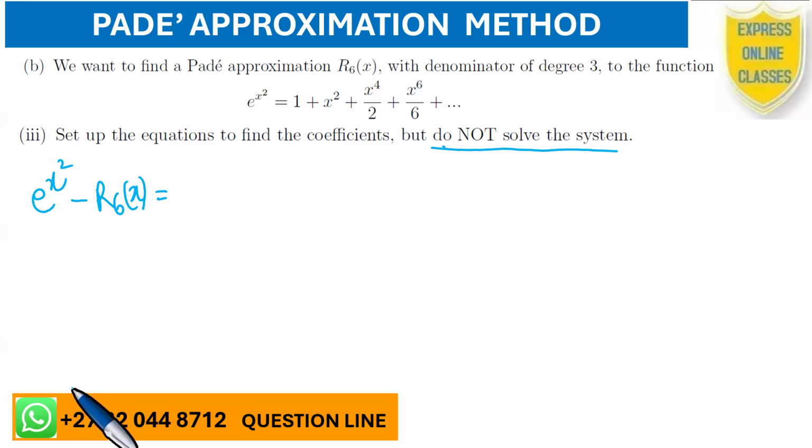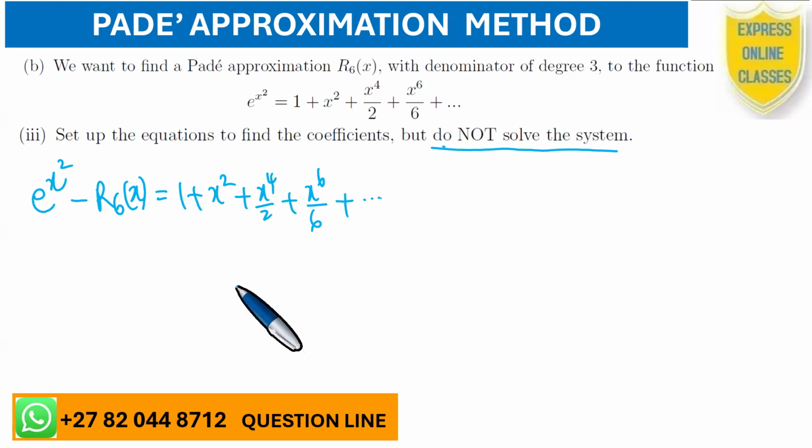At this point, you have the e to the x squared, which is 1 plus x squared plus x to the 4th over 2 plus x to the 6th over 6, and so on and so forth.